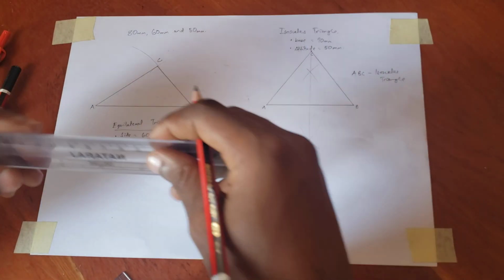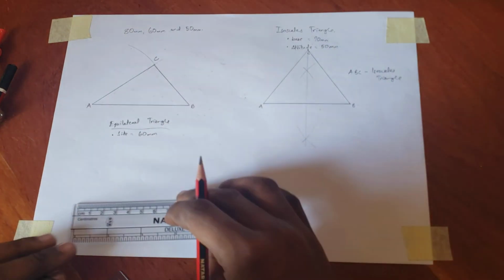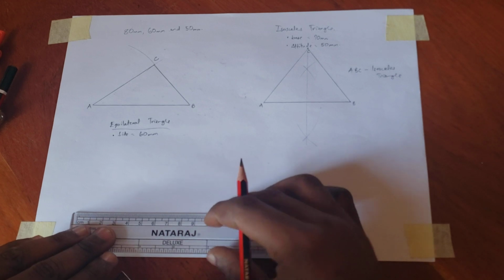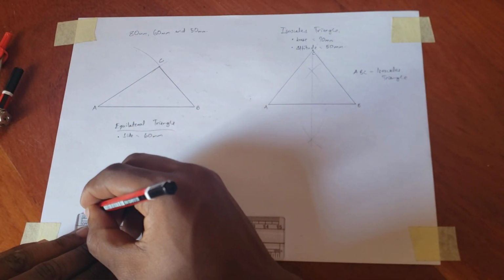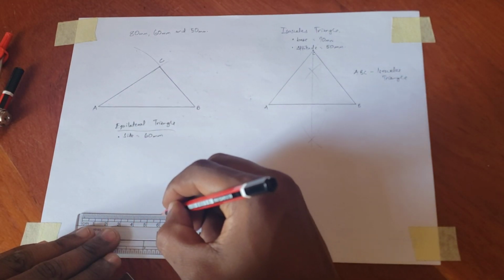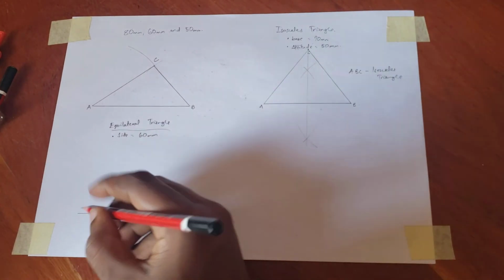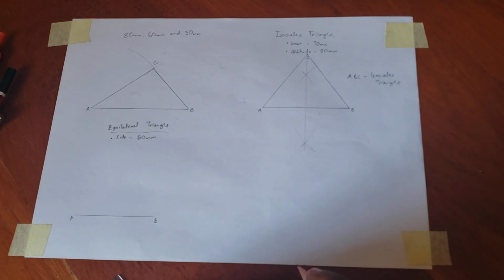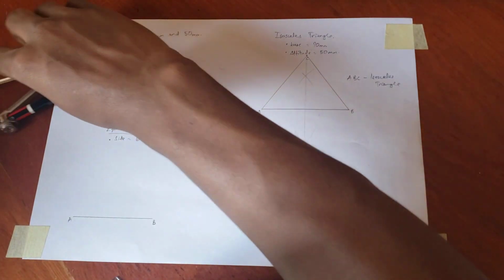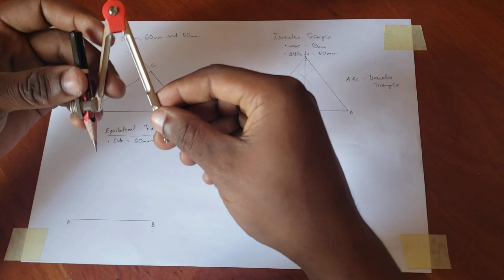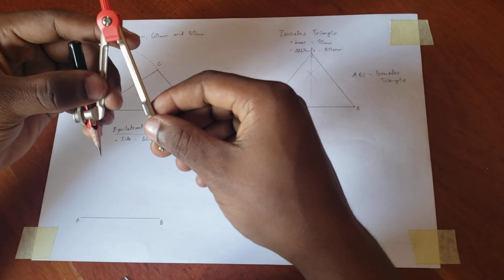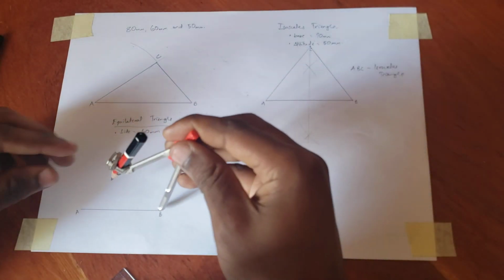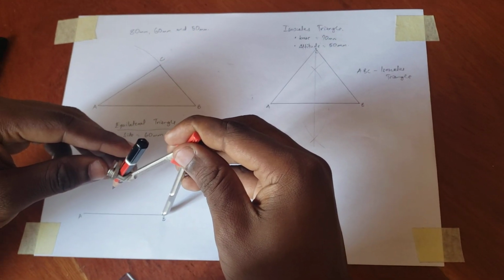Okay, now we measure the line of 60 millimeters. Okay, now we may name this as point A and this as point B. Okay, by using the compass at the length of line AB, then we draw the arc.